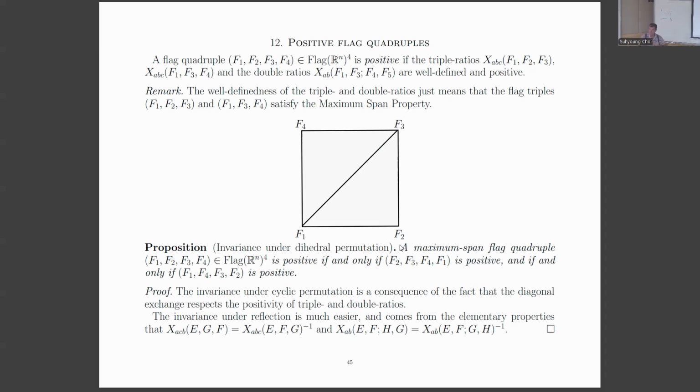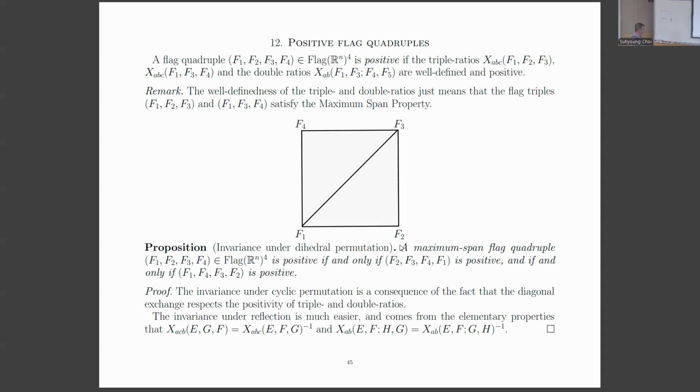I'm switching the notation from E, F, G, H to F1, F2, F3, F4, as preparation, since we're going to consider flag p-tuples. For them to be defined, I need the three flags in each triangle here to form a maximum span flag triple, namely, satisfy the maximum span property.